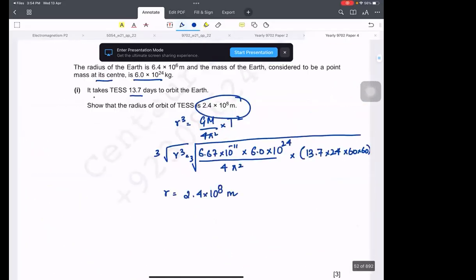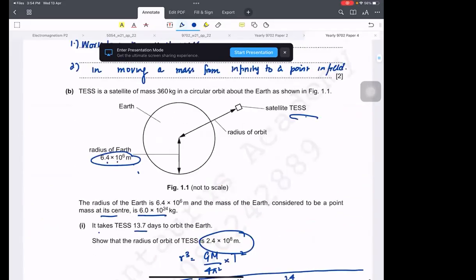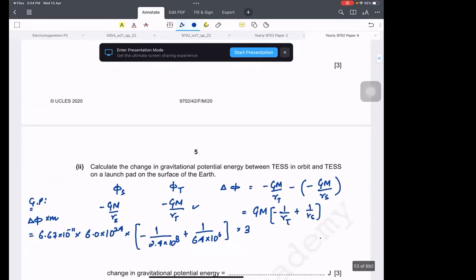Where did he give the mass? I just saw it somewhere. So it's 360. Where is it? Sir, it's in the B first part slide. Oh my God. Oh yes. Sorry, that's why I couldn't see it.